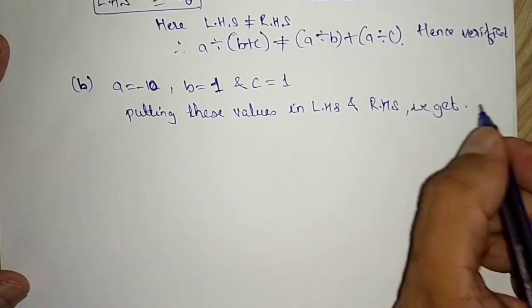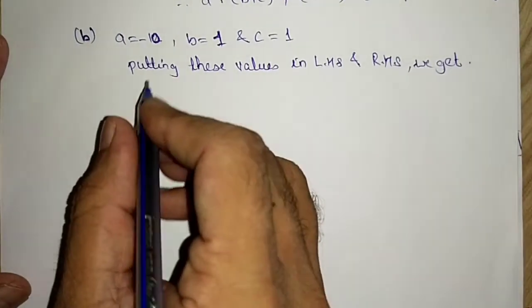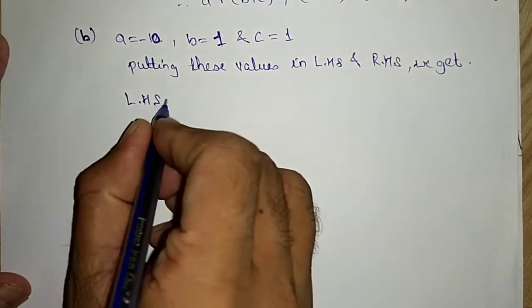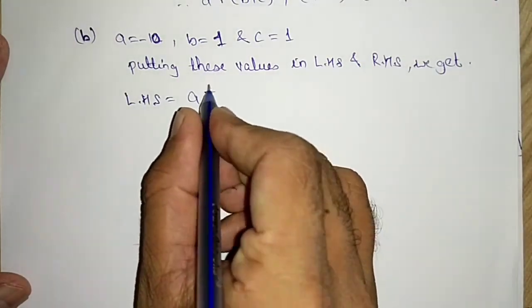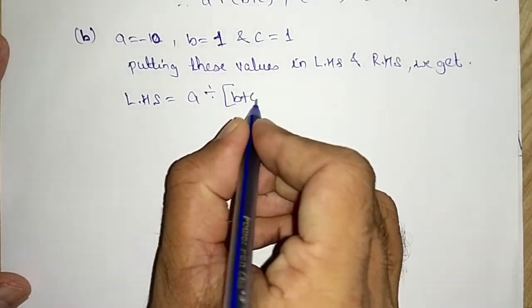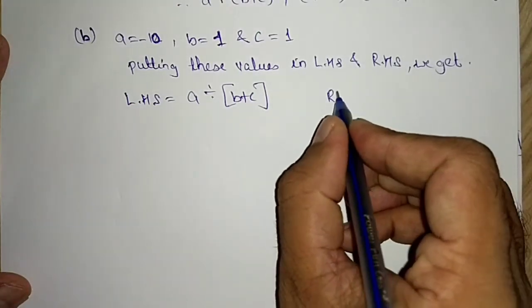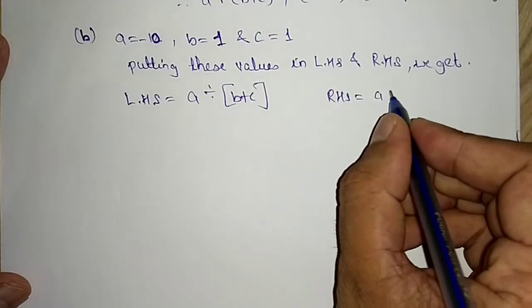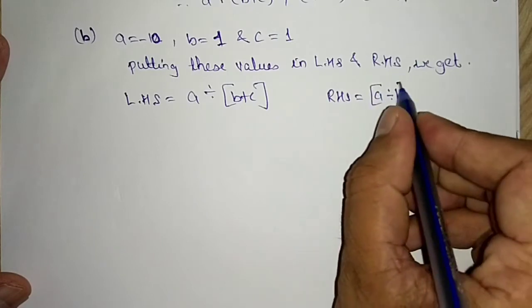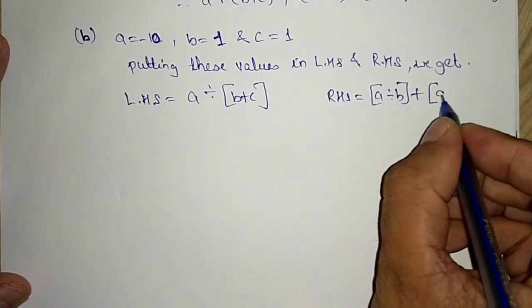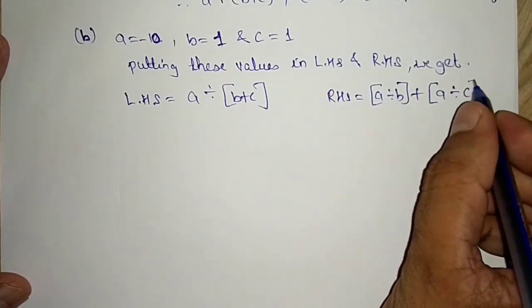We get LHS is equal to a divided by (b plus c), and RHS is equal to a divided by b plus a divided by c.